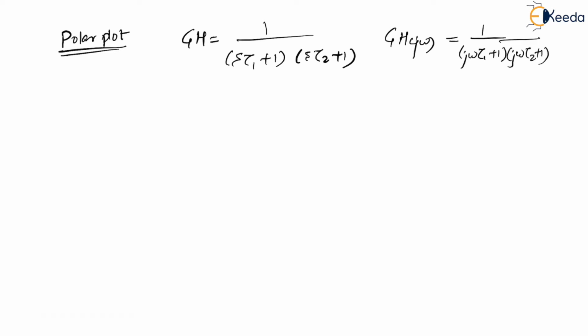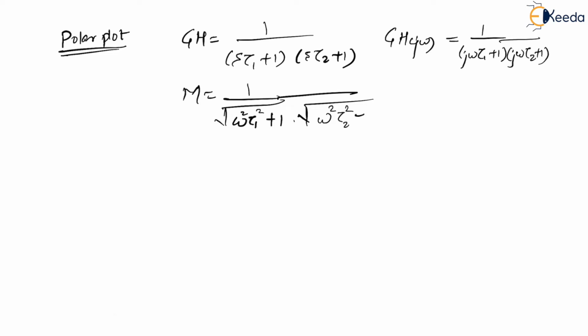Is that correct? Yes. Now if you think of the magnitude, how much is the magnitude? It is nothing but 1 upon under root of real part squared plus imaginary part squared, so it becomes under root of omega squared tau 1 squared plus 1, into under root of omega squared tau 2 squared plus 1. Is that correct? Yes.